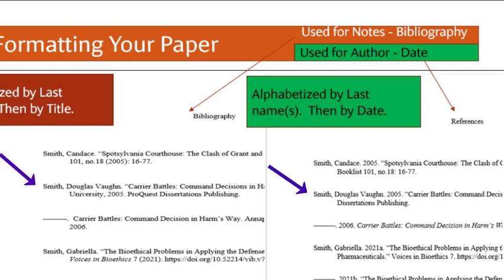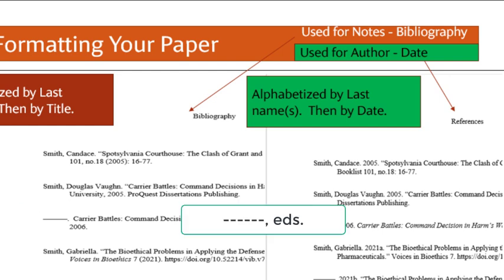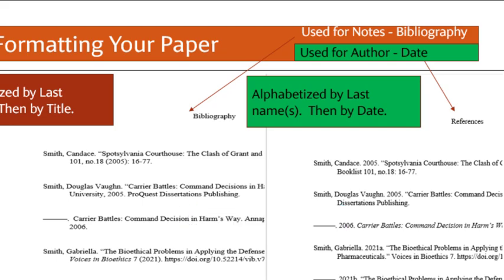When alphabetizing the entries, the entry that comes immediately after substitutes 3 em dashes or 6 hyphens for the author portion, followed by a period. Or if the authors are editors, a comma, a space, and ed period, or eds period if there is more than one editor.